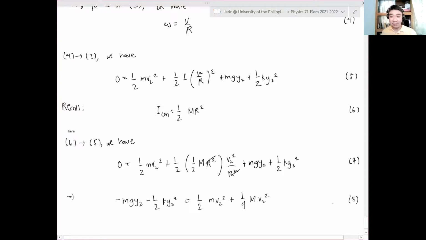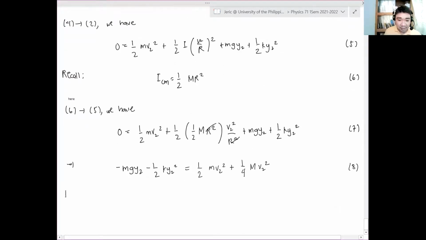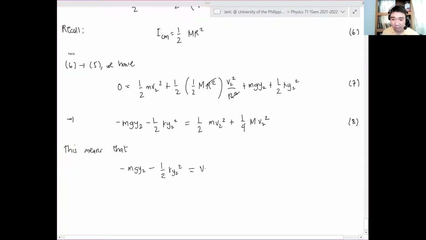So I can isolate V2 on the right-hand side of the equation and say that minus mgy2 minus 1/2 k y2 squared is equal to V2 squared multiplied by 1/2 small m plus 1/4 capital M. So this is equation 9.